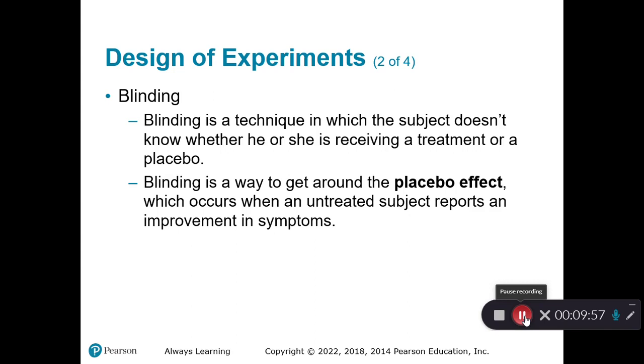Blinding is a way to get around that placebo effect of people reporting that they feel better after receiving a treatment when in fact what they received had no medical value. Usually we call this a sugar pill. It looks medicinal, it looks official, but it's nothing more than the equivalent of a Tic Tac.